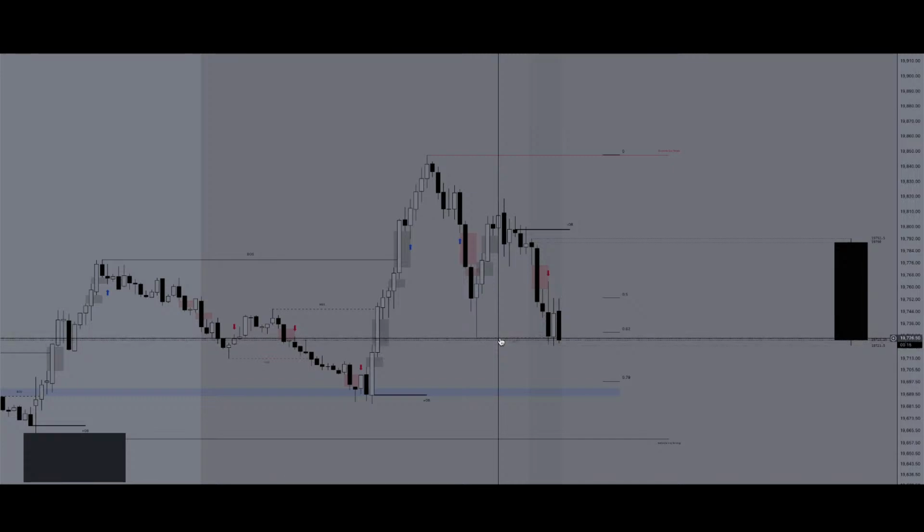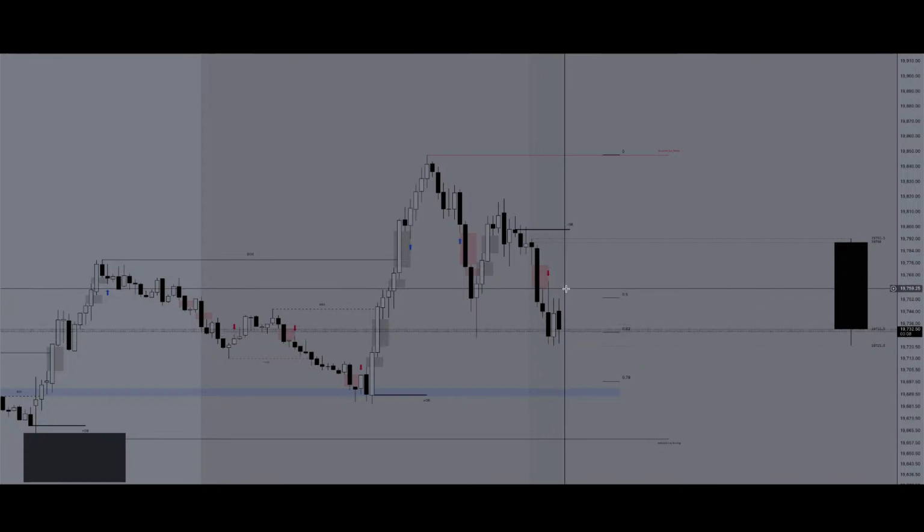Now we might get that close to confirm this market structure shift. Or not.